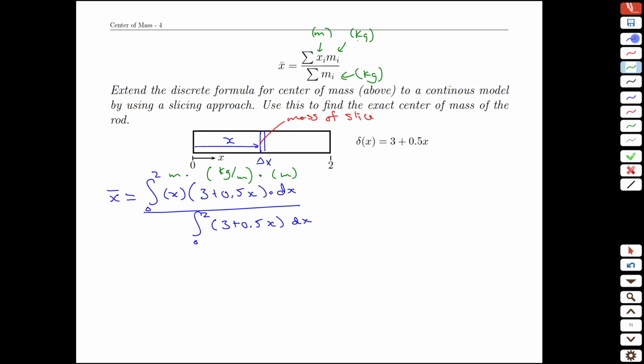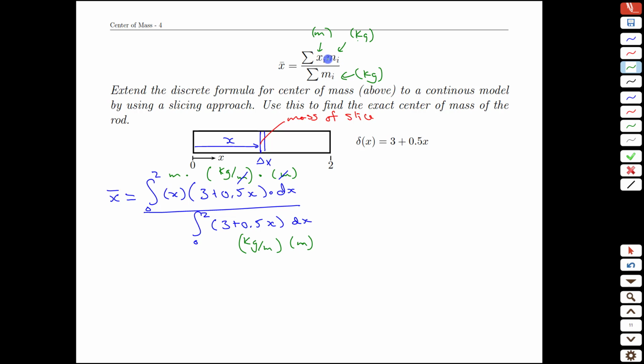And so those two cancel, and we get kilograms times position, kilograms times distances, or the same units as we started with in a discrete sum. Same thing applies in the denominator. We're adding up kilograms times little units of length, and that gives us units of mass in the denominator as well, as we would have had with the discrete term.